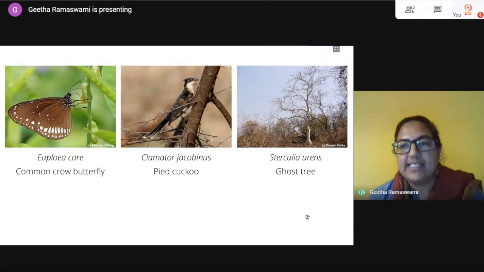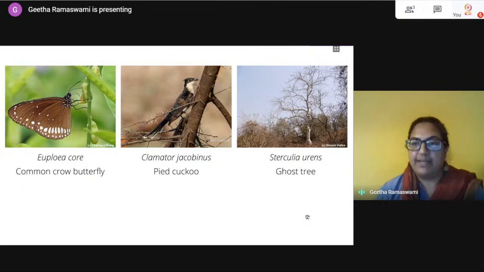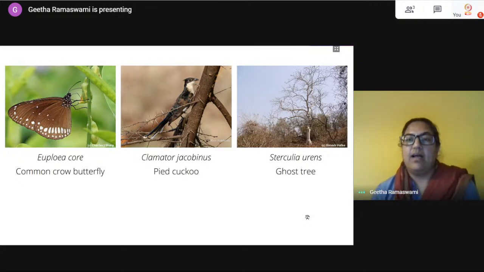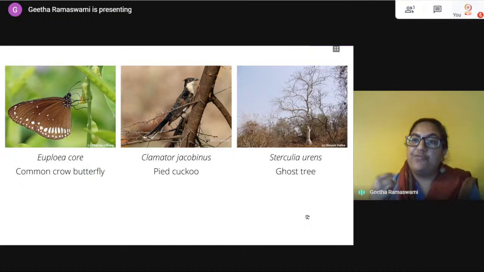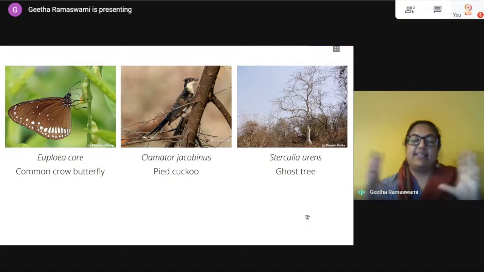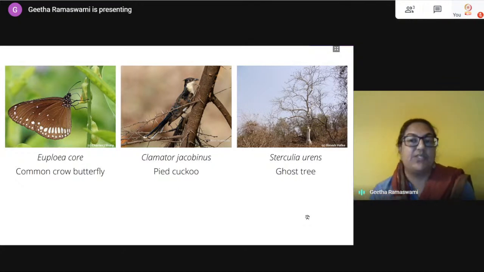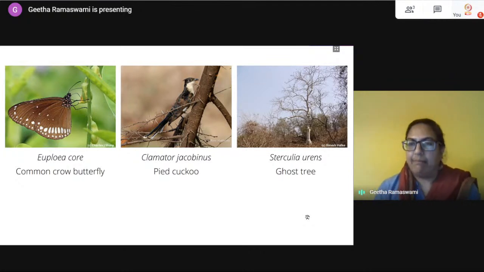The third picture on the screen is that of the ghost tree. This is a tree which you find in dry deciduous forests of India. It's a very beautiful tree to look at. It has a stark white colored bark, and that's why it's called a ghost tree. The ghost tree begins its life as a tiny seed. It germinates into a seedling, becomes a sapling, and in a dry forest environment, there are lots of things that can damage a sapling.